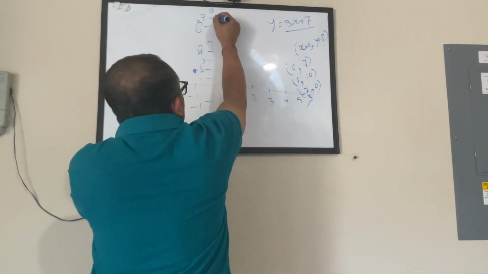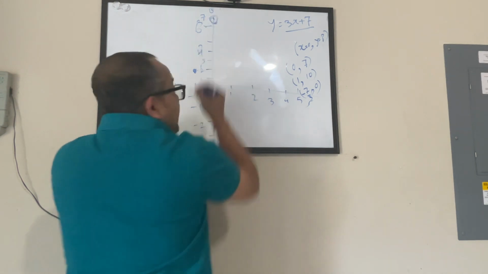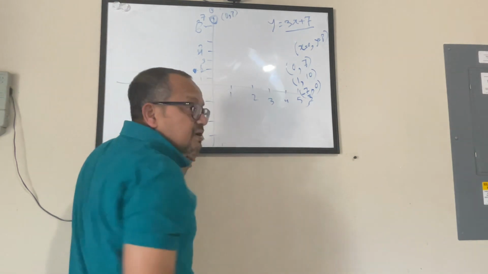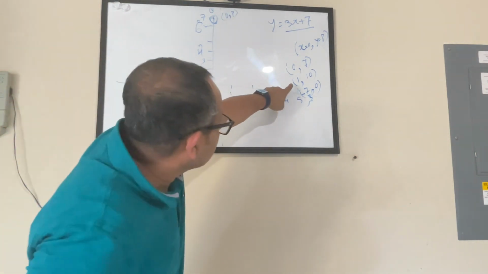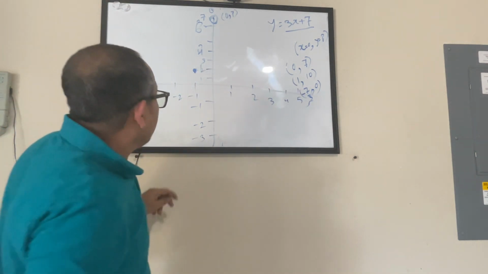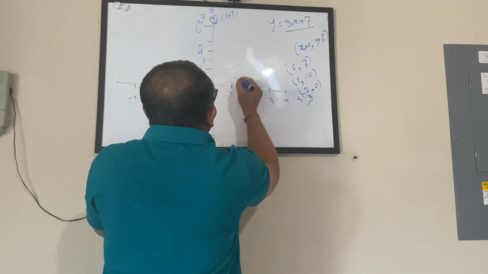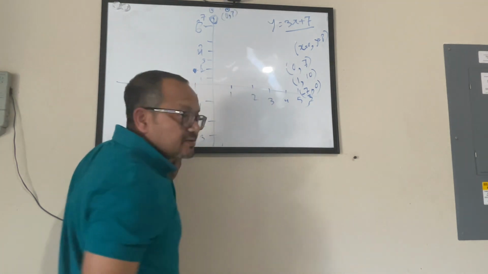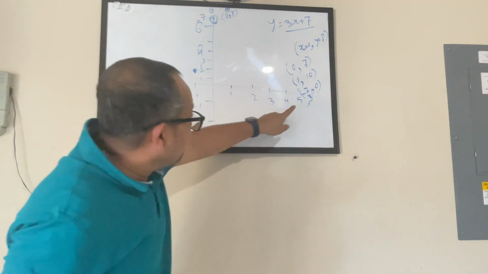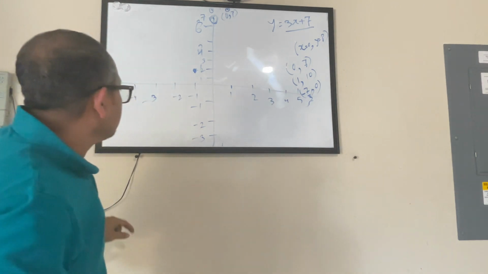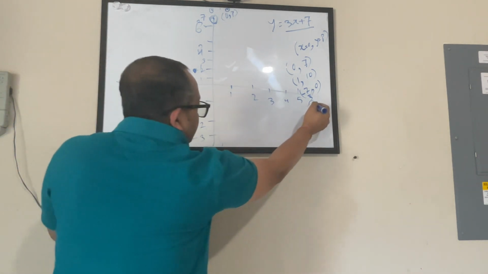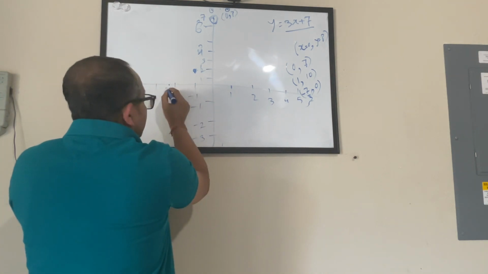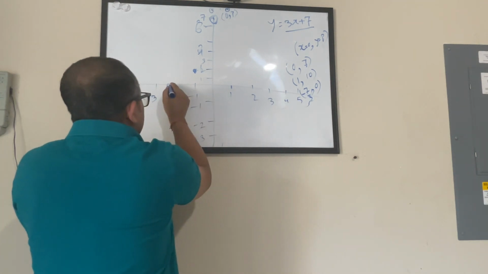So 0 and 7 is my first point. Now let's look at the second one, 1 and 10. When x is 1, it is 10, somewhere here. The third point is minus 7 by 3 and 0. Minus 7 by 3 will be a little more than 2, somewhere here, and 0. So yeah, this is the point.